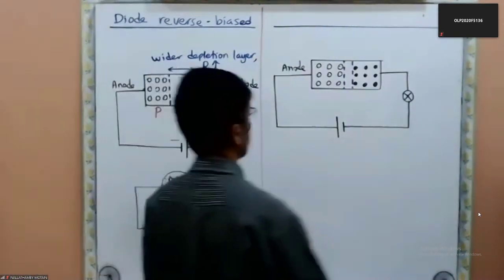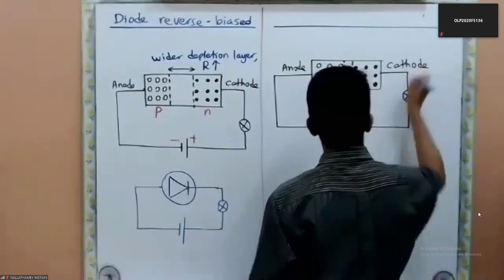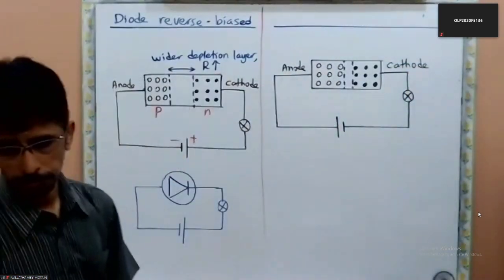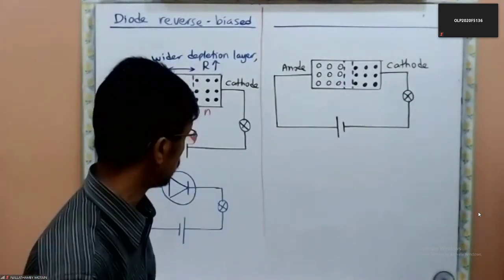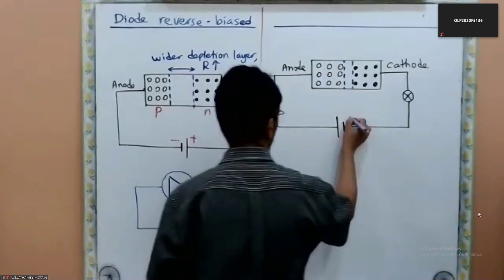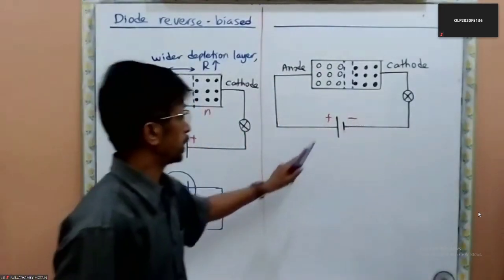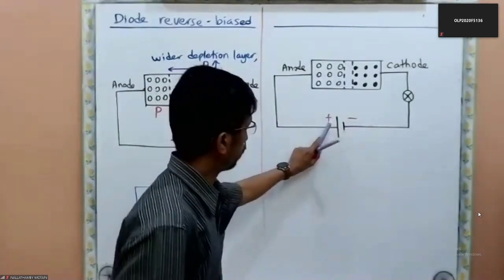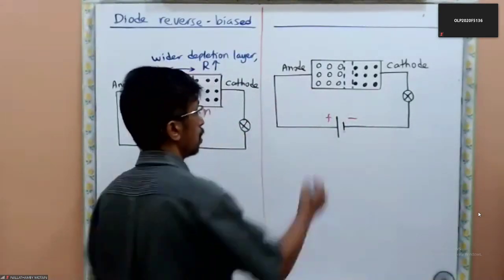Okay, here on the left hand side, here is what? Cathode. Okay, listen first, later I give you time if you want to copy. So here negative terminal, over here is what? Positive terminal. So the positive terminal of battery is connected to the anode of diode, or we say what?